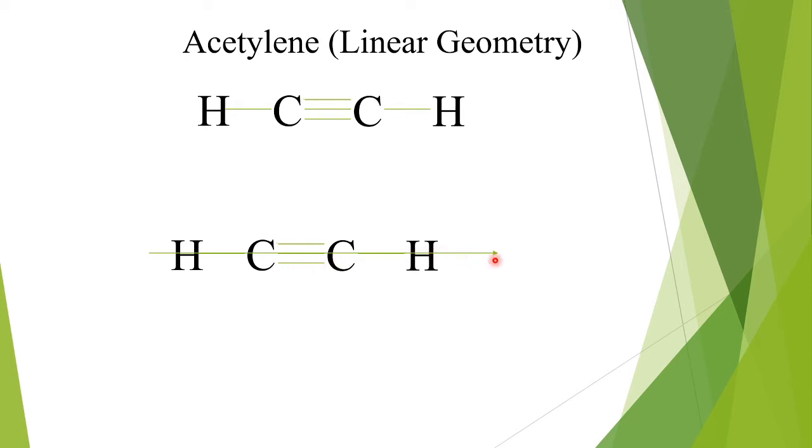And on rotation through this axis, first let me tell you, we are considering all these atoms as small spheres. So we have a small sphere for hydrogen, a sphere for carbon, another sphere for the second carbon, and here another small sphere.